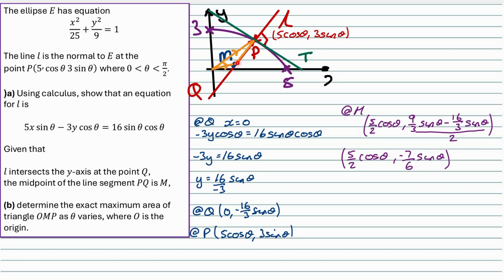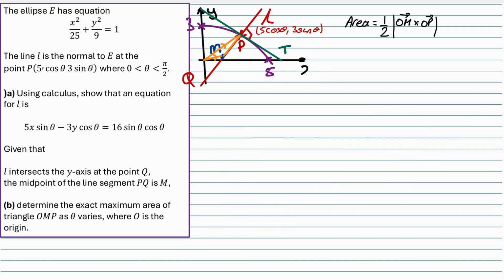So if we know point M and we know point P, we can work out the area of this triangle using the vector cross product. So the area will be 1/2 of the magnitude of OM crossed with OP. To cross OM with OP, I'm going to write each of them as a 3-dimensional vector. So I need to introduce k.